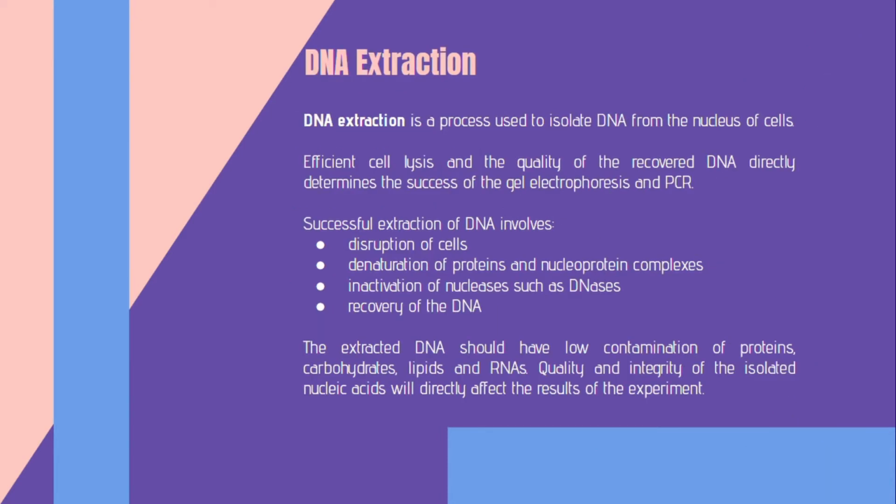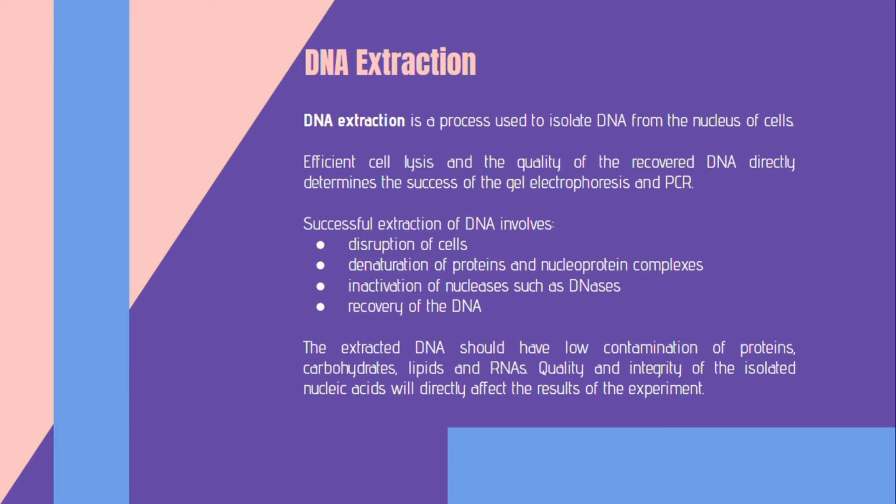DNA extraction is also one of the lab procedures done in genetic engineering. So what is DNA extraction? DNA extraction is mainly done to isolate the DNA from the nucleus of the cell. The success of gel electrophoresis and PCR is determined by the efficient cell lysis and also the quality of the recovered DNA.